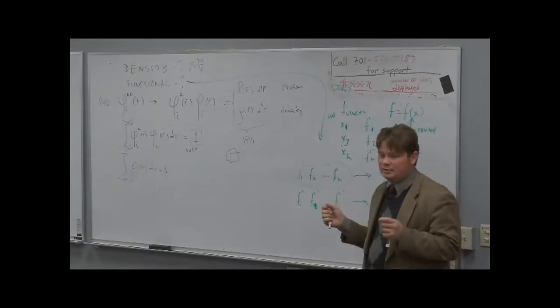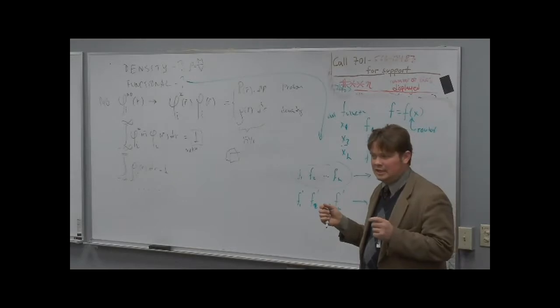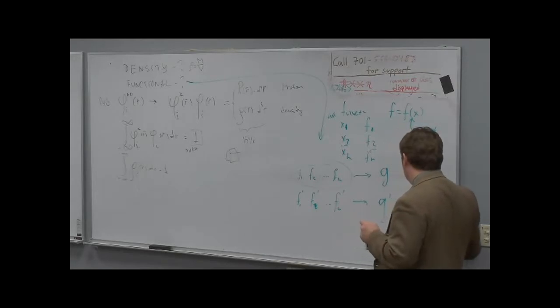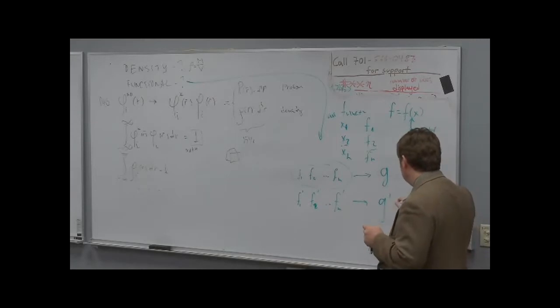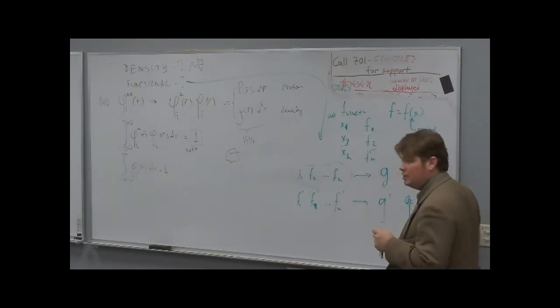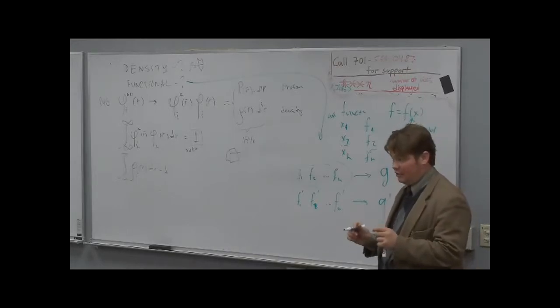What are examples? For example, any integration. Integral of x dx with limits will be a number, right? Without argument. So we are going from a function to a number. This is a functional.